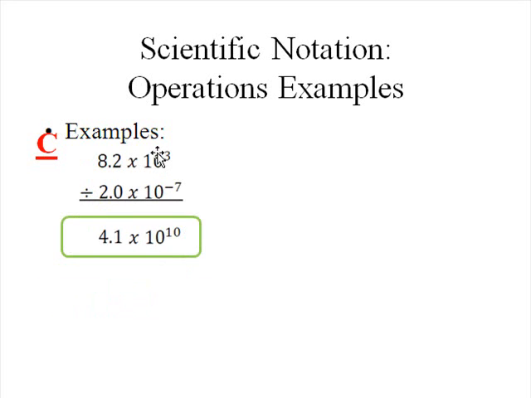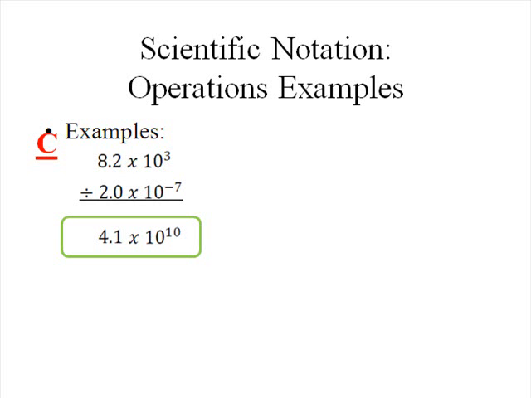When you divide, as you see here, with 10 to the third, you subtract the exponents. So 10 to the third minus a negative 7 is the same as 3 plus 7, and therefore you get 10 to the 10th. Then you take 8.2 divided by 2, you get 4.1. And so those are the rules of operation when you deal with scientific notation.